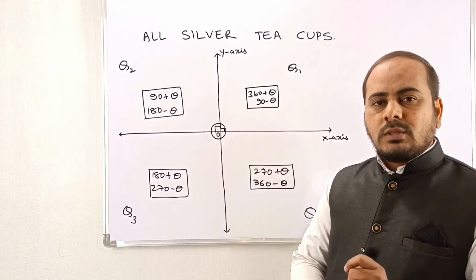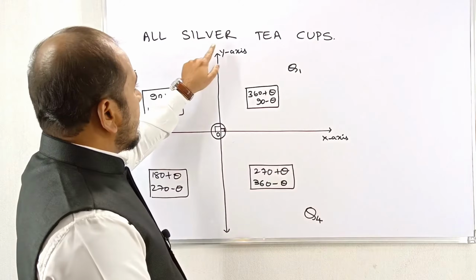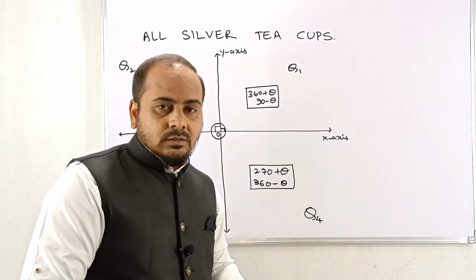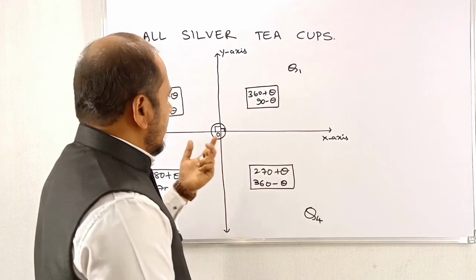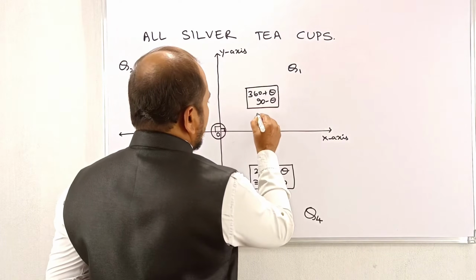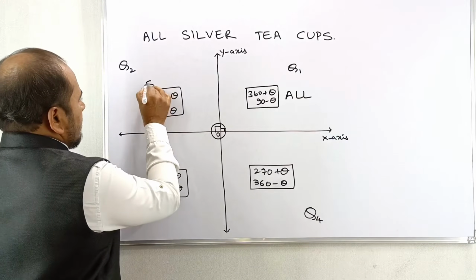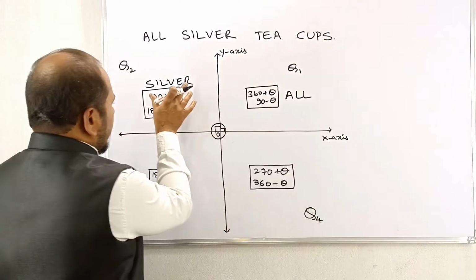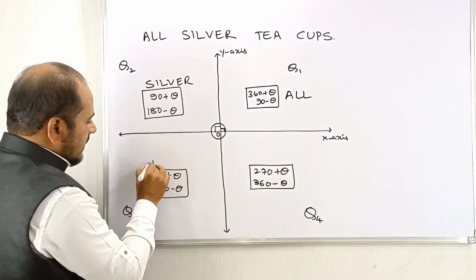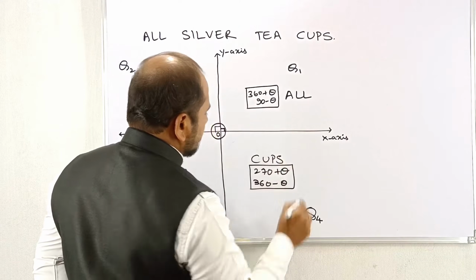Now we shall move to the actual segment, that is all silver tea cups, or all students take coffee. Anything can be written. So first you have to write here all, silver. The first quadrant represents all, the second quadrant represents silver, here tea, and this one cups.